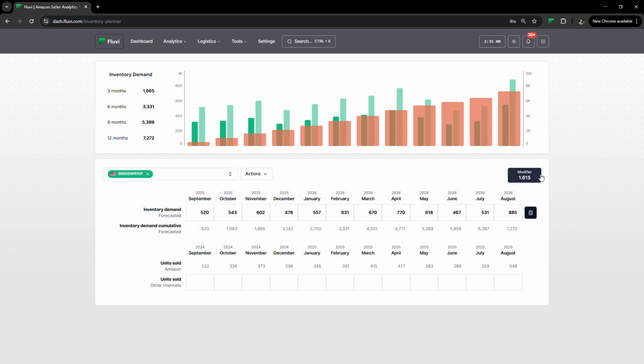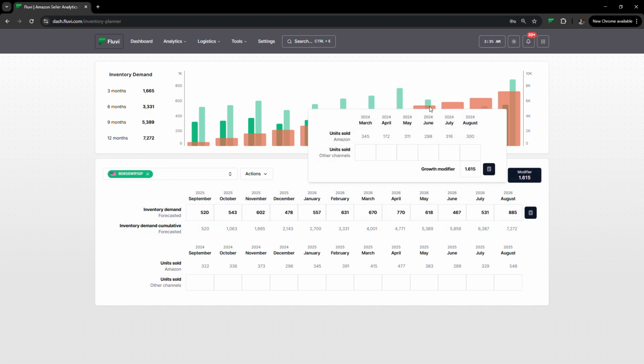And we can confirm this by clicking on the modifier and looking at the last 6 months a year ago. So March to August, if we compare March to August of 2024 to March to August of 2025, we see that in 2024 we sold significantly fewer units than we did over here in 2025.